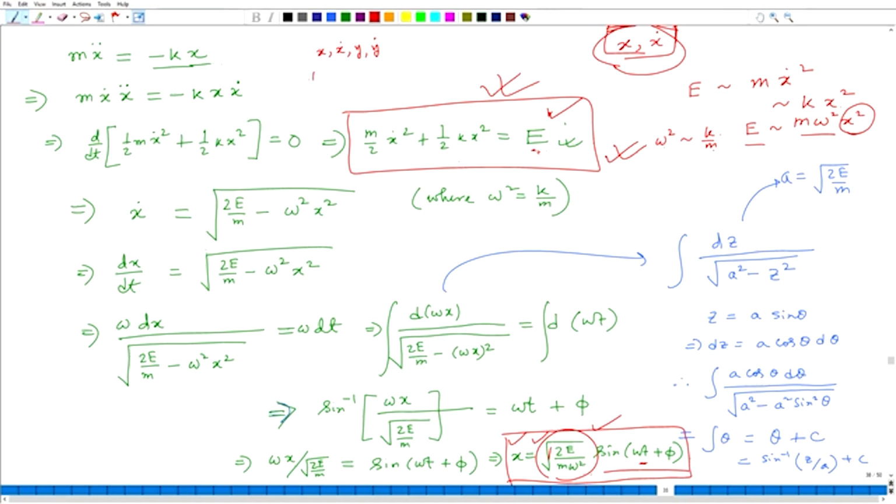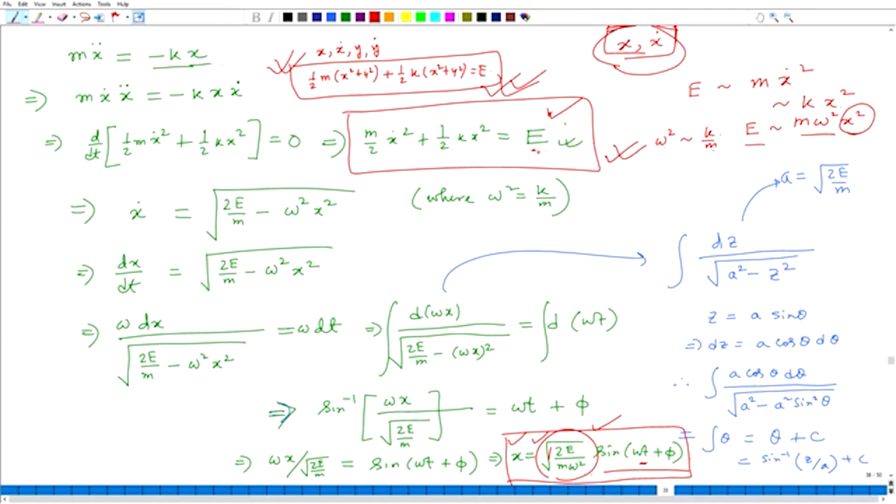So, we actually know that half of m (x dot square plus y dot square) plus half of k (x square plus y square) is equal to constant. So, I have one constraint connecting all these 4 variables, but I have actually two differential equations of second order.